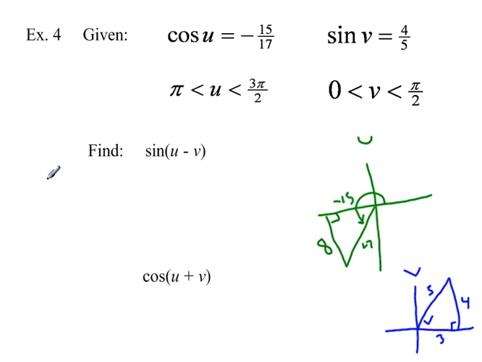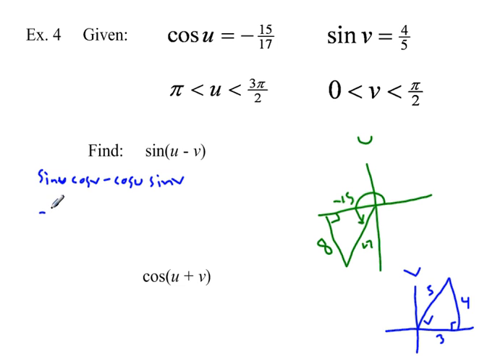So that's going to be the sine of U times the cosine of V minus the cosine of U times the sine of V. And all of these values we're going to get from our sketches.